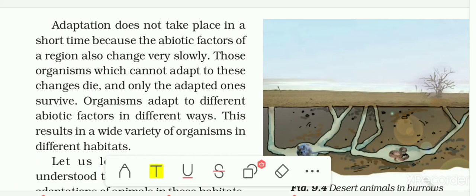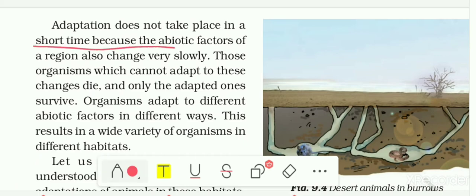Adaptation does not take place in a short time, because the abiotic factors of a particular region change very slowly. Those organisms which cannot adapt to these changes will die, and only the adapted ones survive.